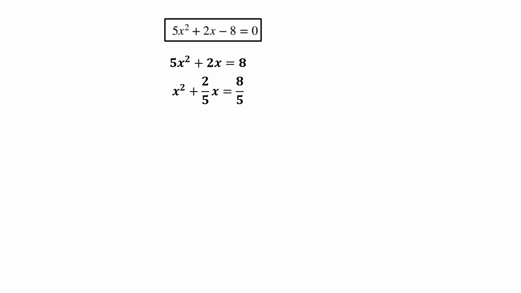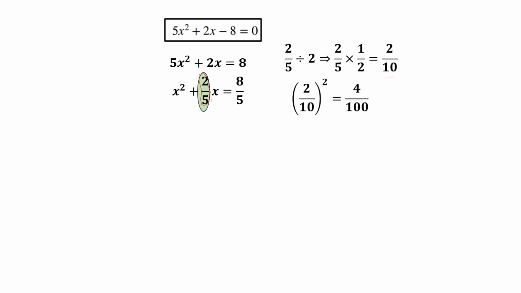Now let's complete this part. 2 over 5 is what we focus on. What I will do first is I'll half it and then square the answer. So 2 over 5 divided by 2 is just 2 over 5 times a half, which is 2/10. Now we square the 2/10. So 2/10 squared is 4 over 100.